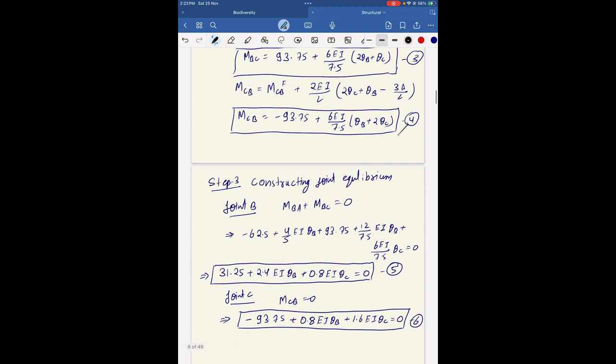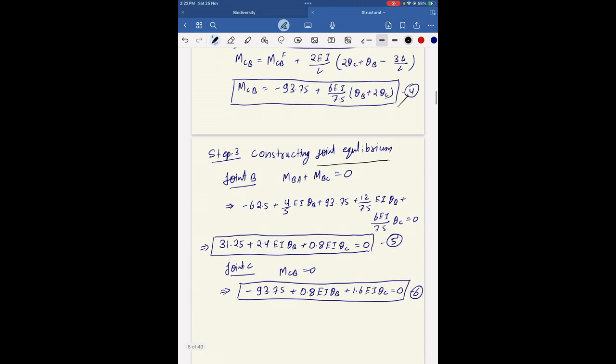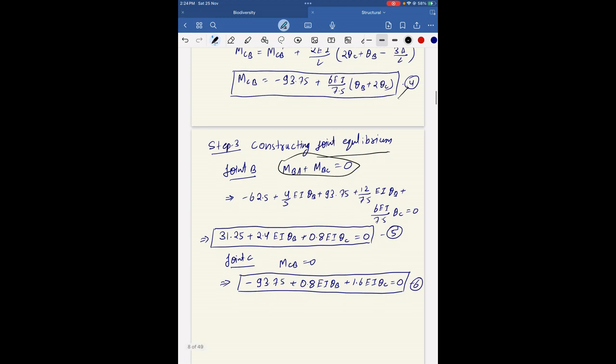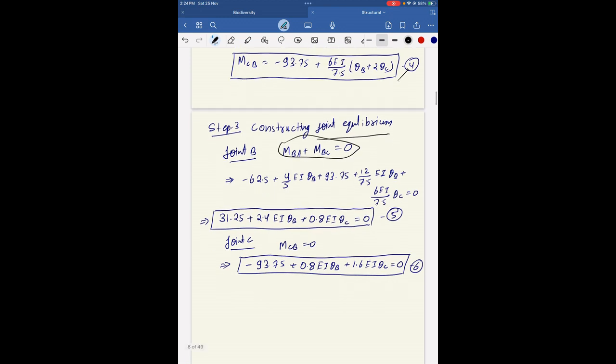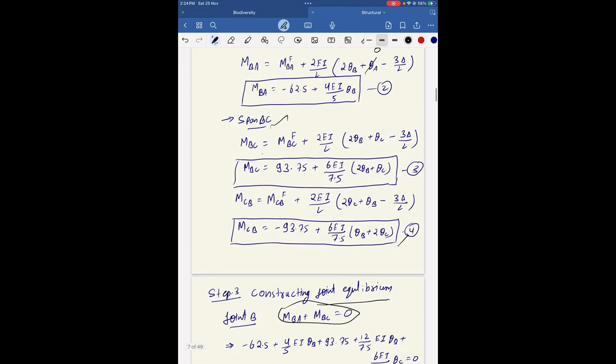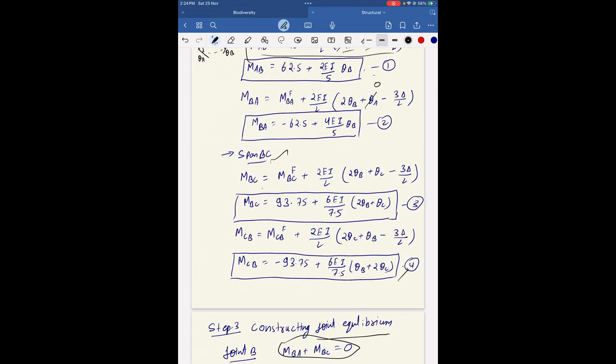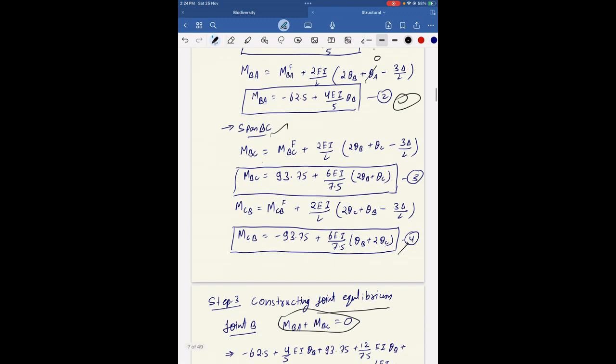Then we construct the joint equilibrium. At joint B, the total moment equals 0, and the total moment at joint C equals 0. The moment at B gives one equation from equation 2 and one from equation 3.